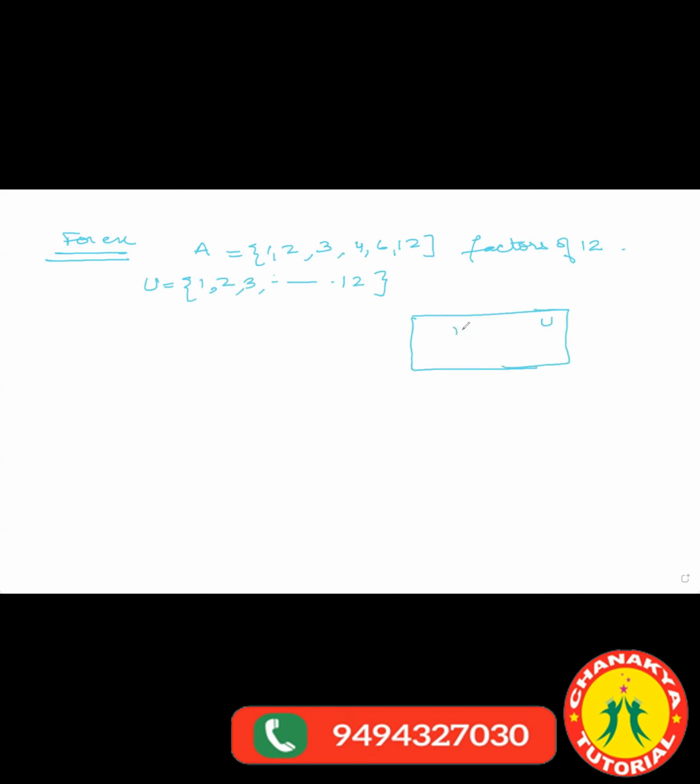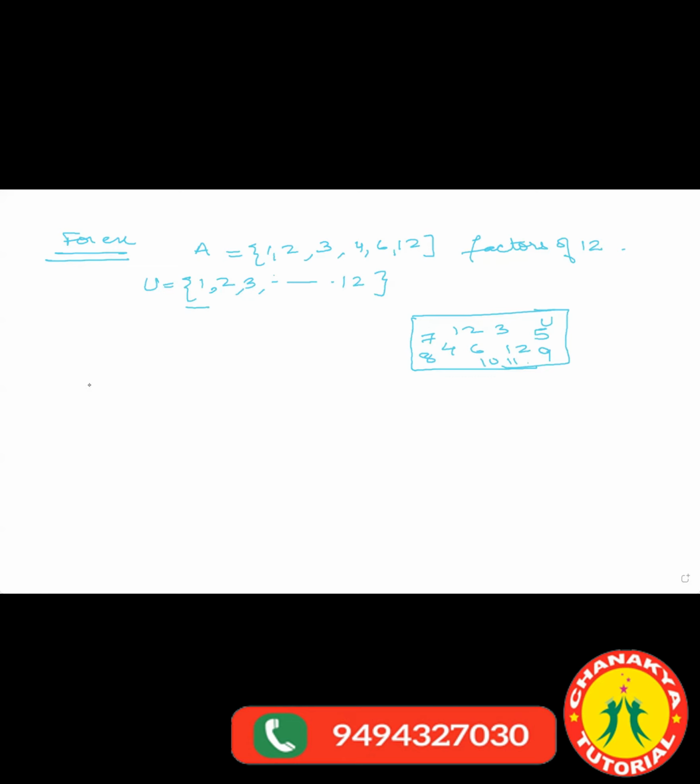Write the numbers 1, 2, 3, 4, 6, 12, then 5, 7, 8, 9, 10, 11. Now how will you represent it in the Venn diagram?